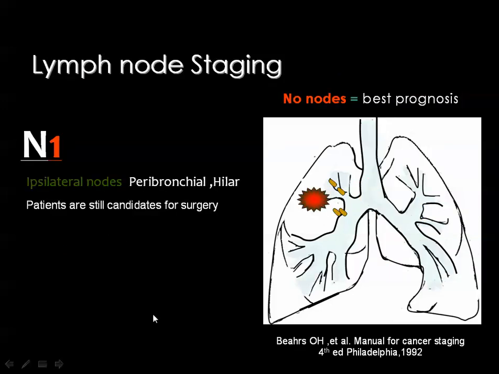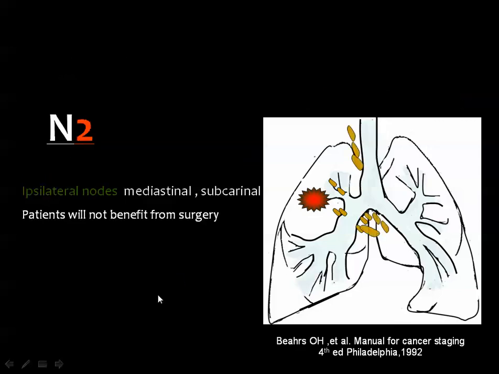Then the lymph node staging. Actually, you know that if there are no nodes, then this is the best prognosis for the patient. But in N1 lymph nodes, meaning ipsilateral lymphadenopathy affecting the peribronchial and the hilar region, like this you can see here.